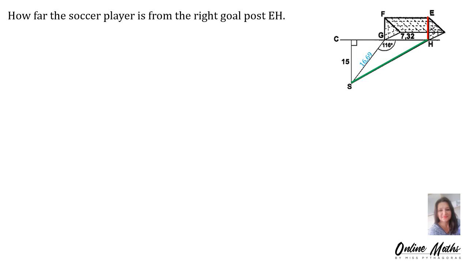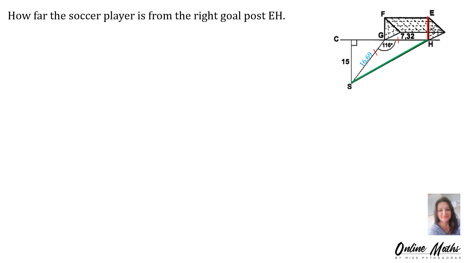And you will be working in the non-right angle triangle SGH. And if you look at the sketch, can you see the information? You've got that length of SG, it's 16,69. You've got this length of GH, 7,32, and you have angle G, 116 degrees.